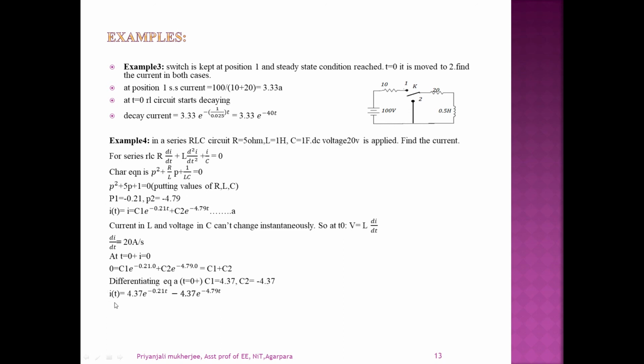So the overall current i(t) is 4.37 e to the power minus 0.21 t minus 4.37 into e to the power minus 4.79 t. So in this way, we can find the solution of series RL, RC and RLC circuits with DC excitation.